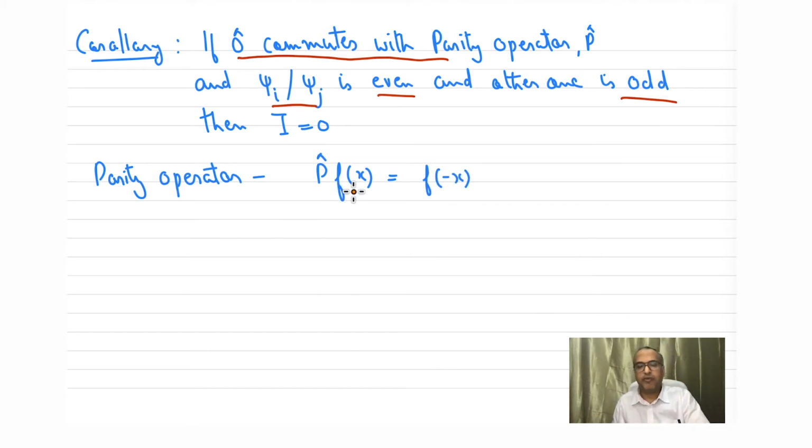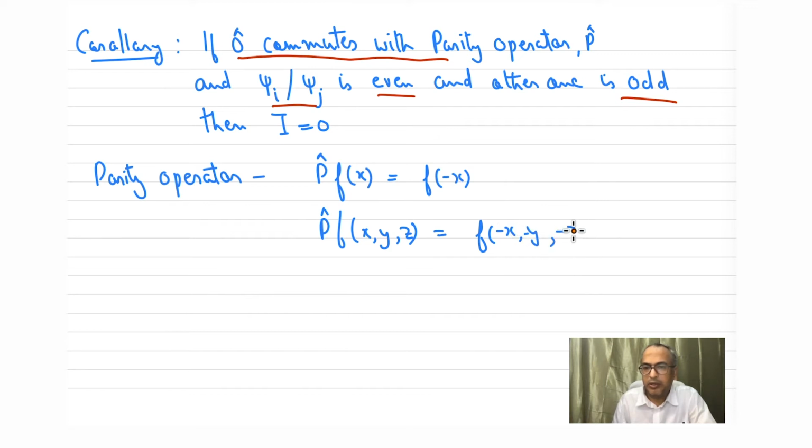So if it's a function in one variable, P on f(x) will give you f(-x). If it's a function in, let's say, three variables, all three variables will have inverted sign: x goes to -x, y to -y, z to -z. Okay, so it's like flipping a function through the origin. So it's very clear, right?